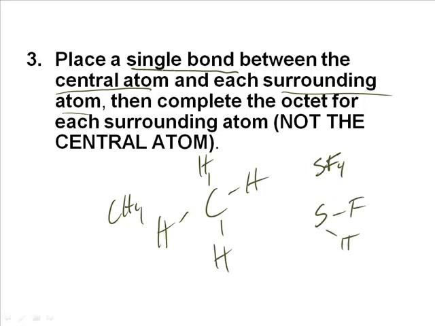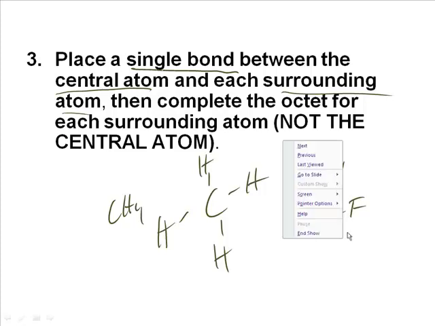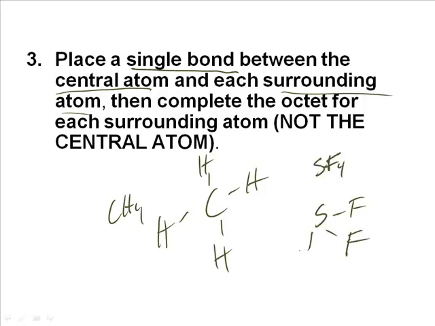We've got the four fluorines, not hydrogen, around it. And then it says complete the octet for each surrounding atom. So I'm not worried about sulfur, but I have 34 electrons all total on SF4. So I'm going to complete the octet for the outer atoms. And I've done that.